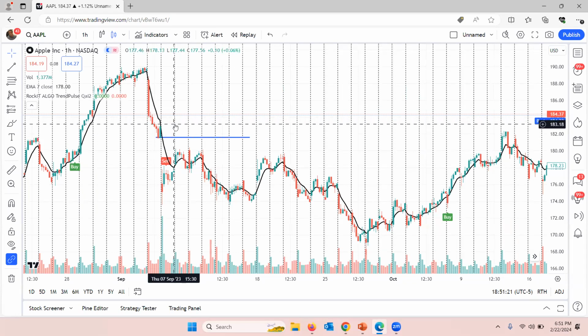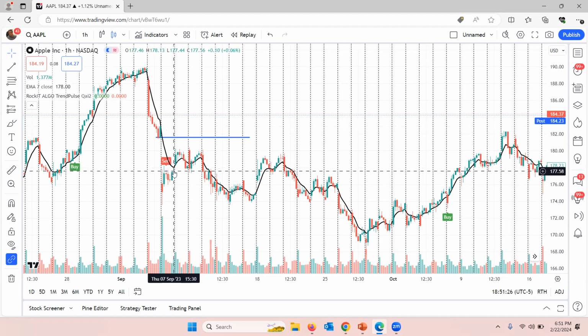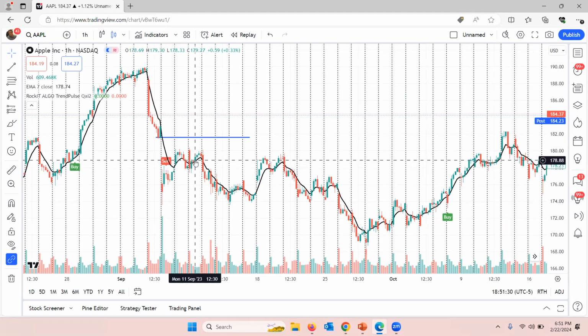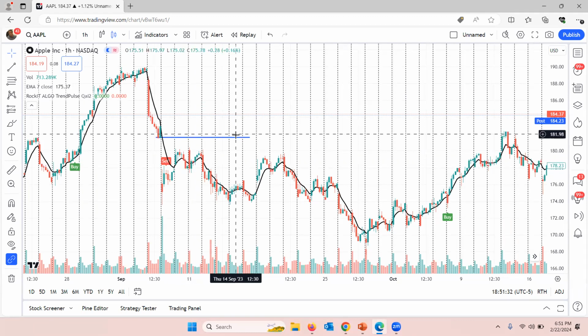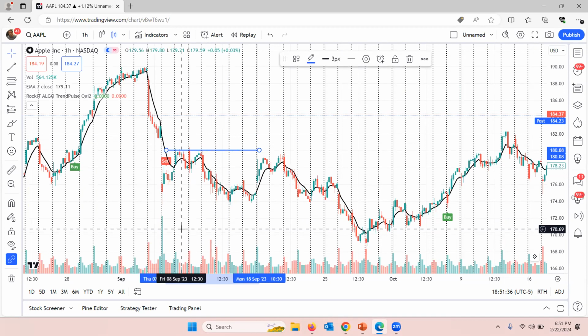We see it maintains below the trigger line and goes down. But now we have a new candle here, green, so we take the previous maximum high. Now you see we're moving stepwise, riding the trend.